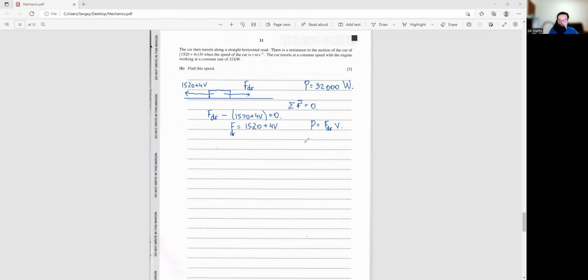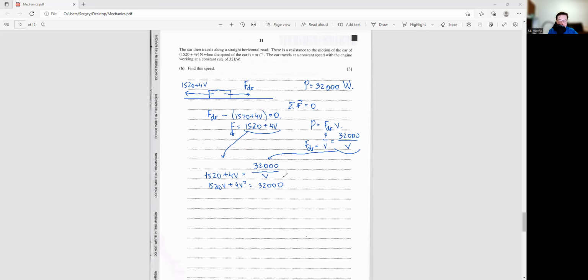Okay, so that means the driving force equals to the power over velocity, which is 32,000 over V. Now, from these two, we can make one equation and solve it for V.